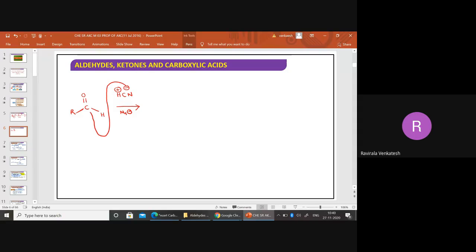Because it is nucleophilic addition. Now this pi bond is shifting like this, R-C-O minus, here it will be cyanide. After this, the electrophile H plus is adding here. So we are going to get R, C, OH, hydrogen, and cyanide here. This is called cyanohydrin.